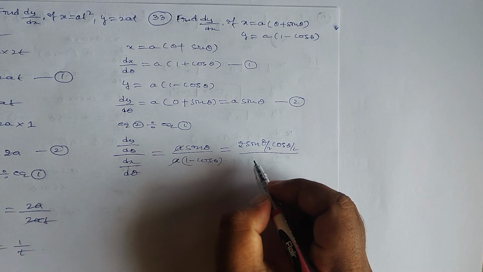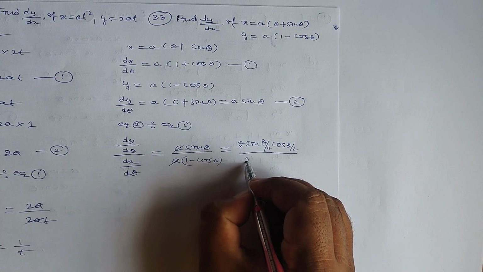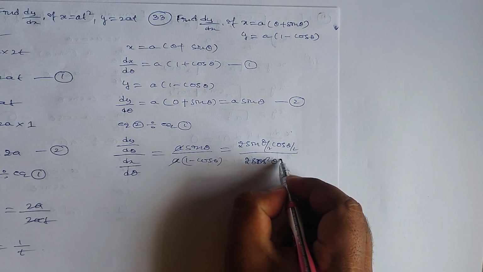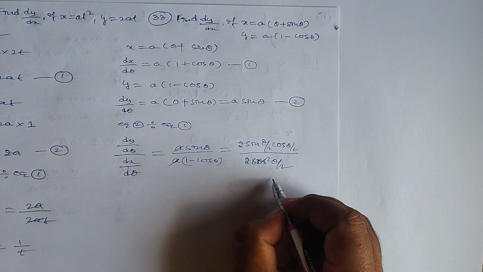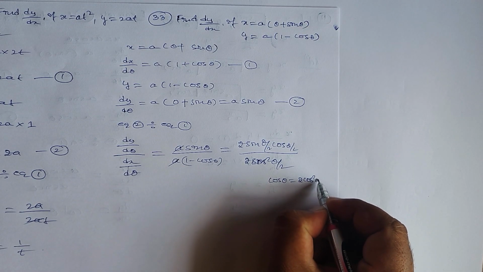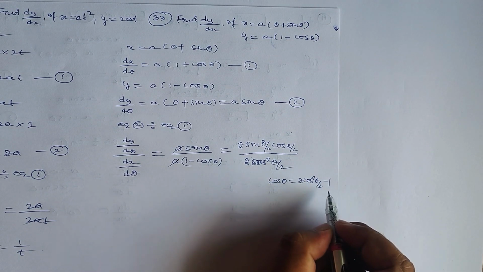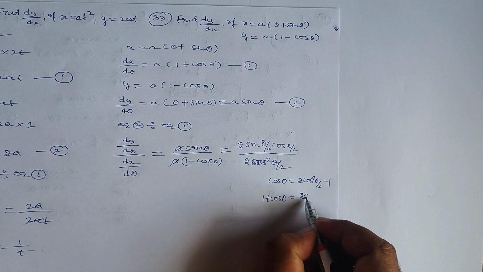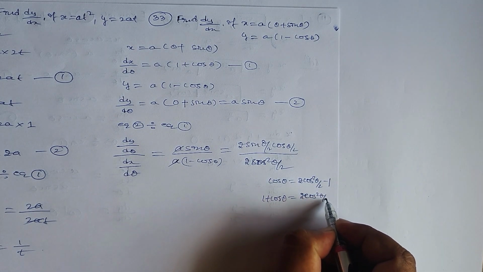So 1 minus cos theta becomes what? As already discussed, 2 sin square theta by 2. See, cos theta equal to 2 cos square theta by 2 minus 1, the cos theta formula. Take this side, 1 plus cos theta equal to 2 cos square theta by 2.